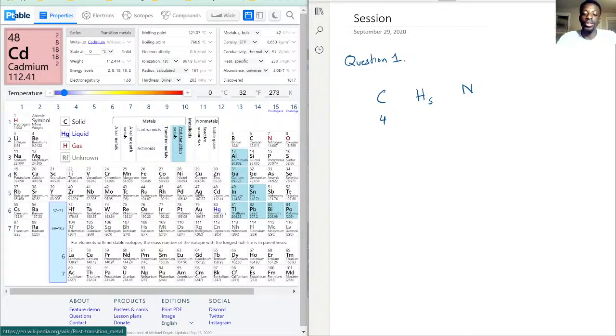Hydrogen has a valence electron each, so we put it as 1, but because there's 5 of them, that's 5 electrons. Nitrogen also has 5 electrons, so in total we add this up, 4 plus 5 plus 5. We have a total of 14 valence electrons we have to account for.